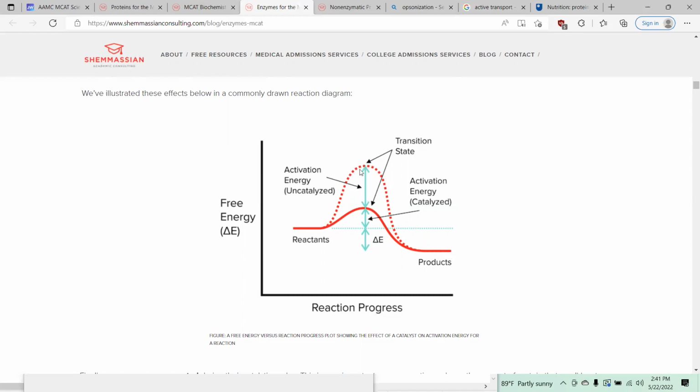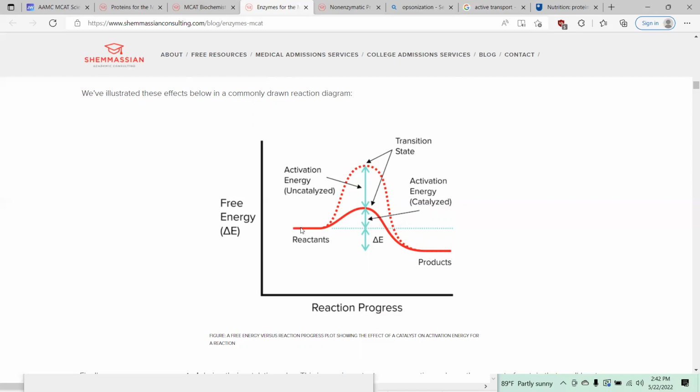The dashed line is an uncatalyzed reaction, and the solid line is a catalyzed reaction. So if you don't have an enzyme, it may take a long time for the reaction to occur, because we need to hit a certain threshold before the reaction can occur. But the enzyme will reduce the amount of energy required for that threshold, and therefore it can make the reaction happen faster, aka catalyze it.